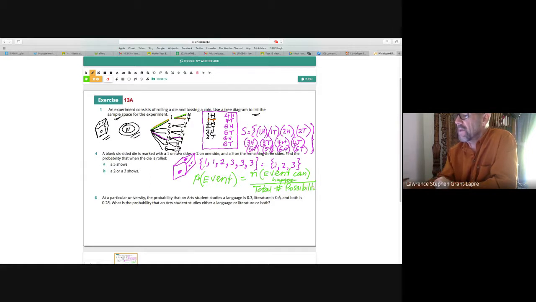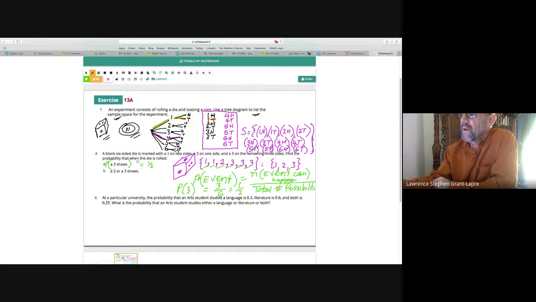You can see that there are 6 total possibilities because there are 6 sides on a dice. And how many are 3? 3 out of 6. So the answer is a half. The probability that a 3 shows is equal to a half.